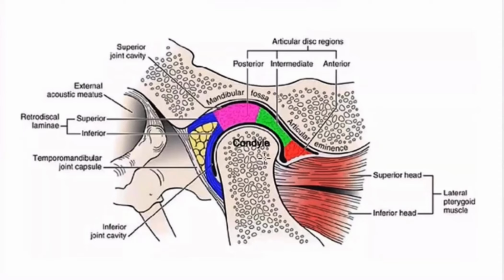Now you know that the parotid gland should be here, which we've already discussed, and the TMJ, in anatomical location, is found almost 13 millimeters anterior to the external acoustic meatus.